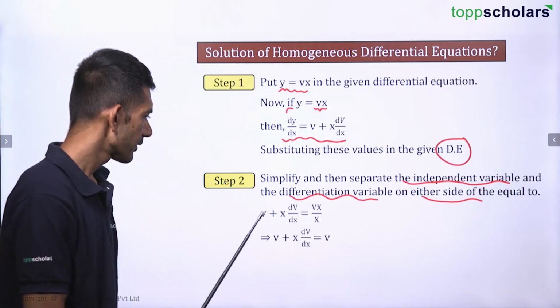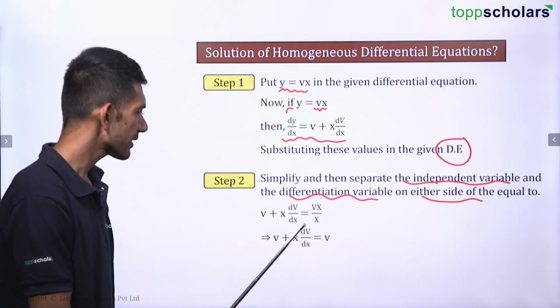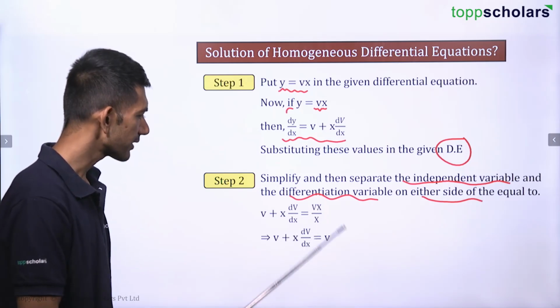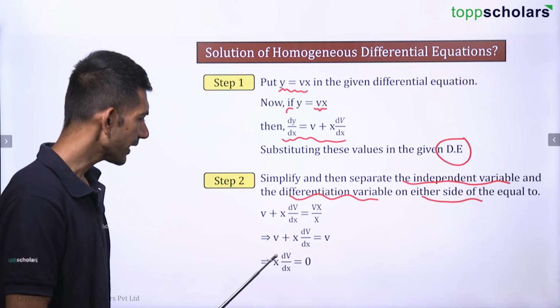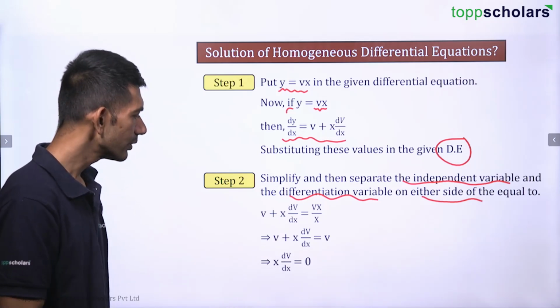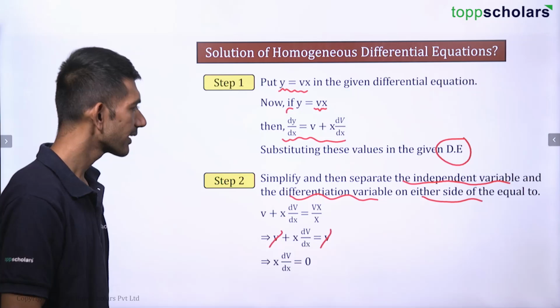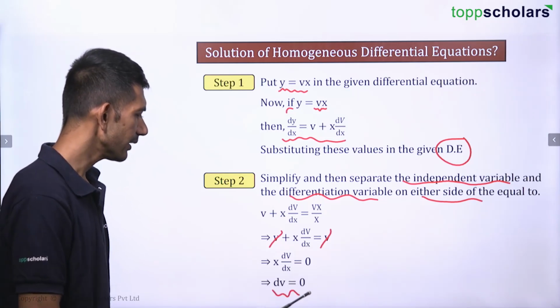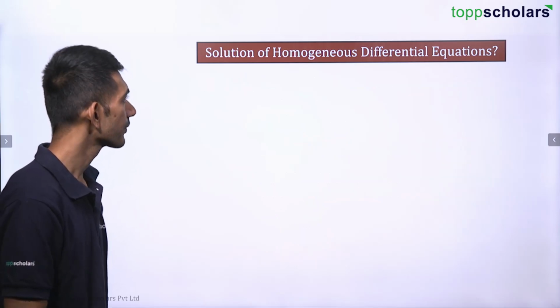So can I say v + x dv/dx = vx/x, which is nothing but v. So x dv/dx becomes equal to 0 because this gets cancelled, that is dv = 0.